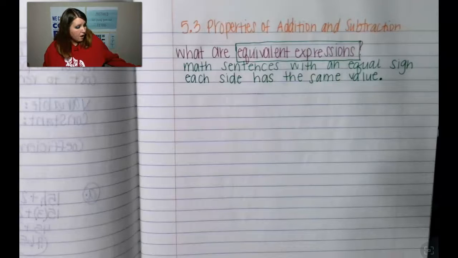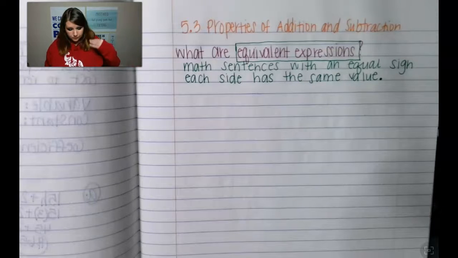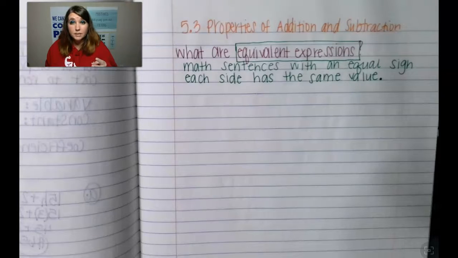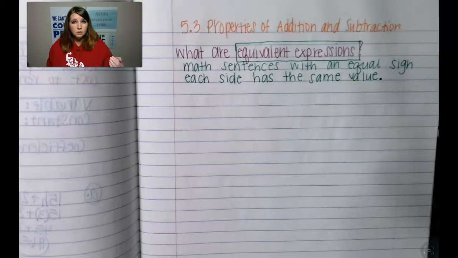So we will have two different properties that we're looking at today. There are many different properties in math, but the two that we're going to look at today are the commutative property of addition and multiplication, and the associative property of multiplication and the associative property of addition.